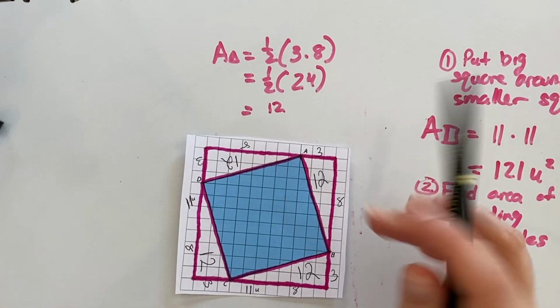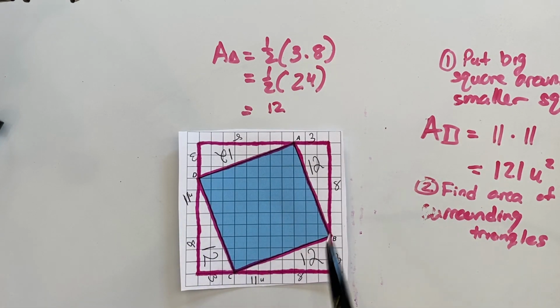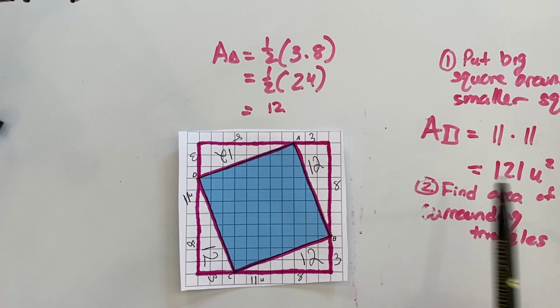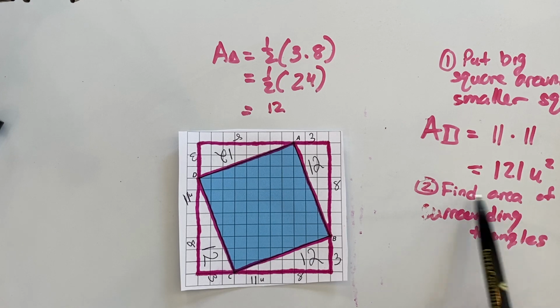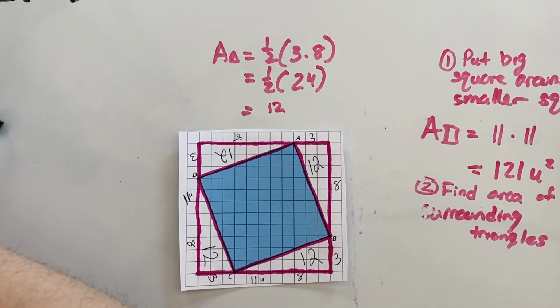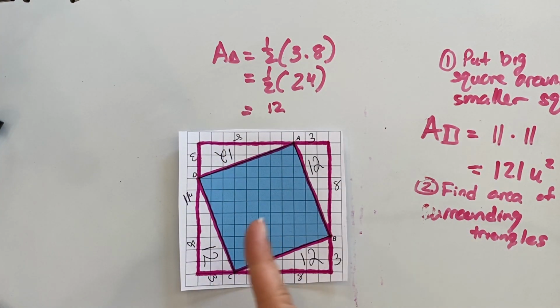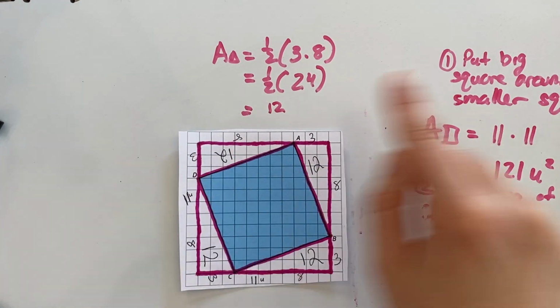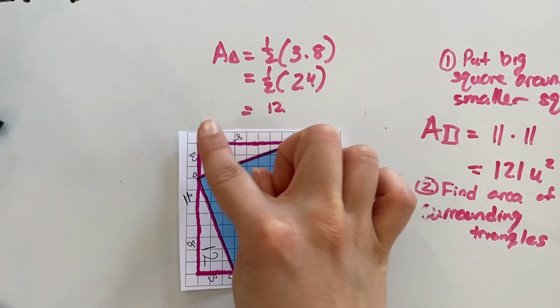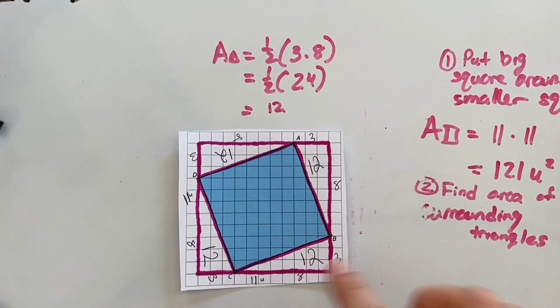So I now found the areas of my surrounding triangles. That was step 2: find the area of surrounding triangles. Step 3 is you're going to subtract or take away the pink triangles from the surrounding square.